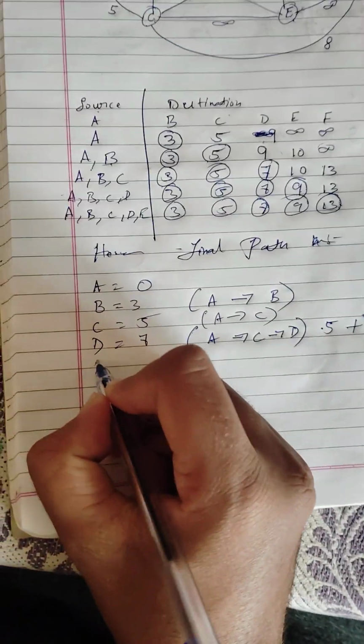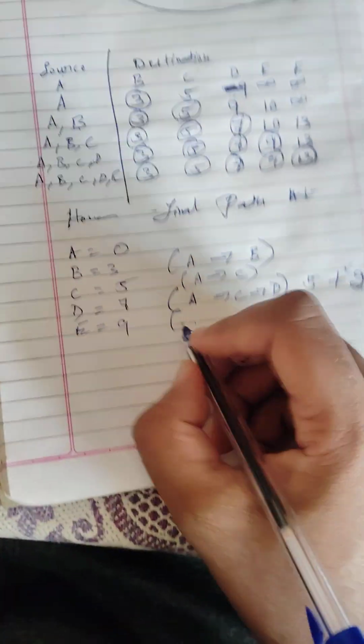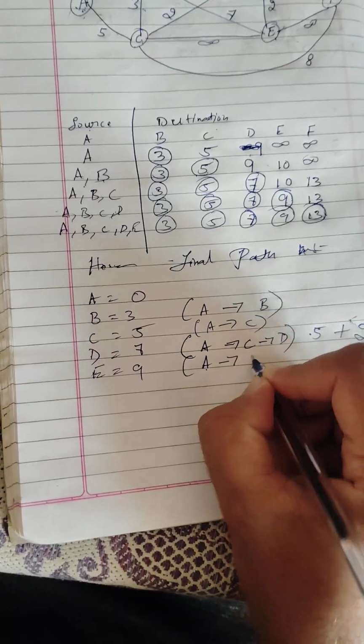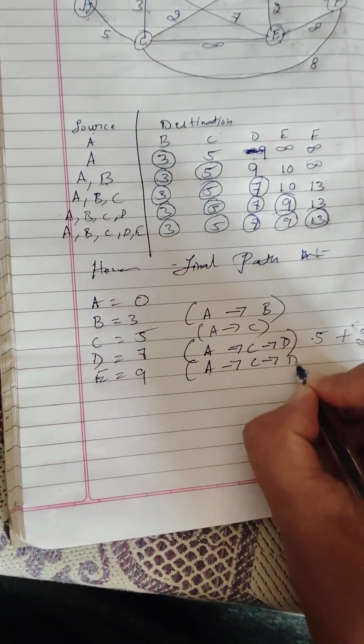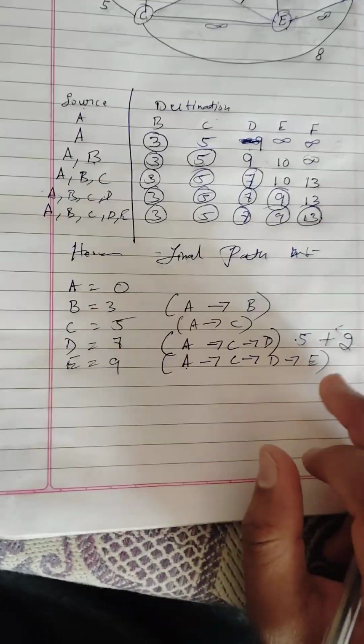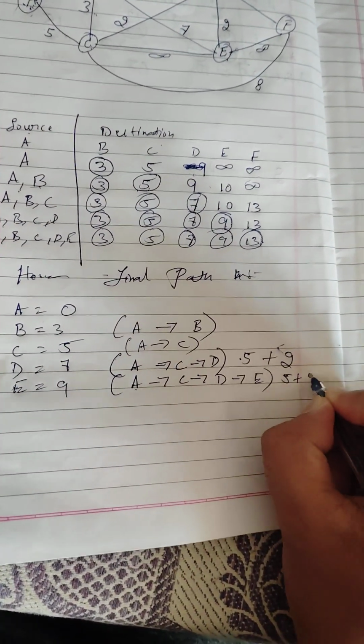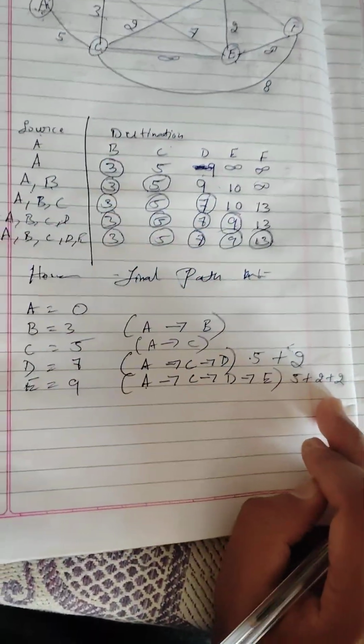Then E is equal to 9. For E we have gone from A to C, then C to D, then D to E. We want to write the values as well for this one. So the values are 5 plus 2 plus 2. The total is 9.